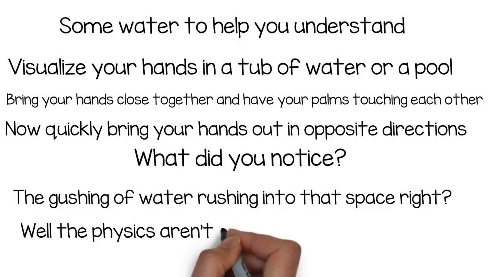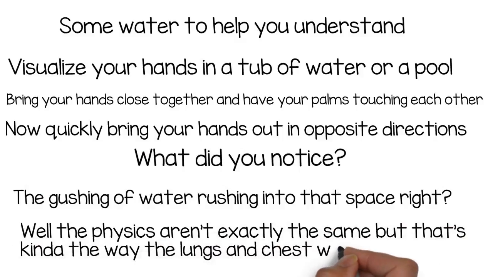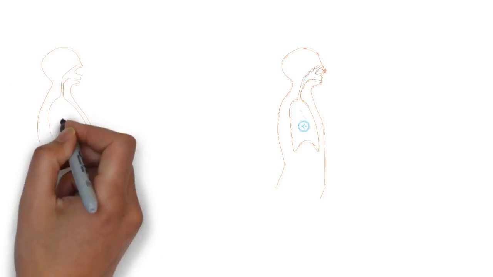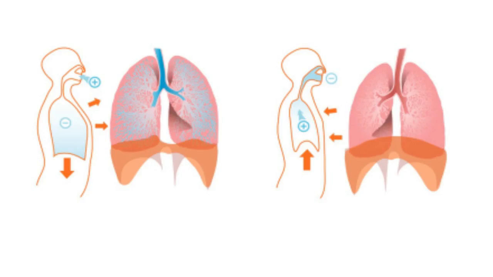Well, the physics aren't exactly the same, but that's kind of the way the lungs and the chest wall work. The lungs want to collapse, and the chest wall wants to expand. These two forces go in opposite directions, in and out. So what happens in the middle? A negative pressure, the way you felt with your hands in the water, in between your hands.